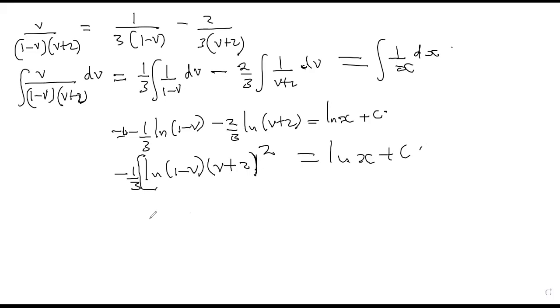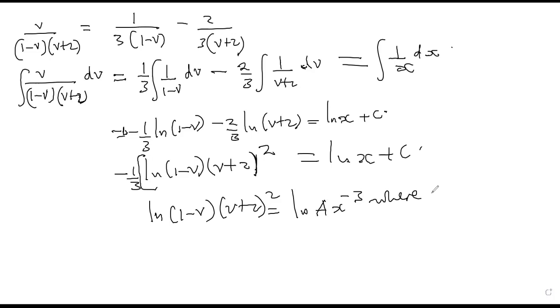implying that ln of (1 minus v) times (v plus 2) squared is the same as ln of a x power negative 3, where a is equal to c.